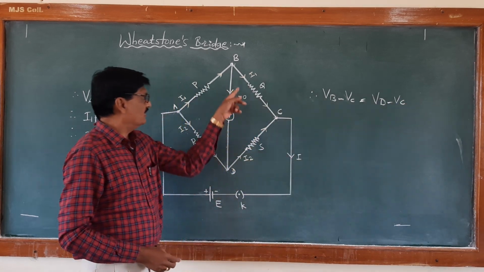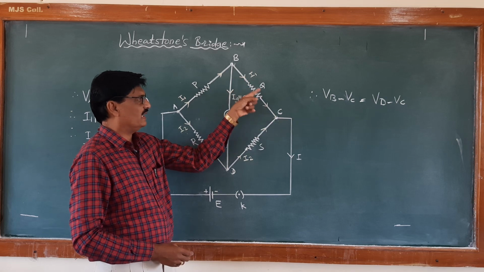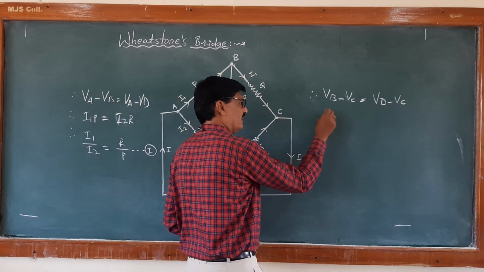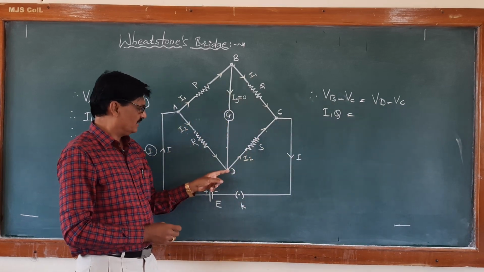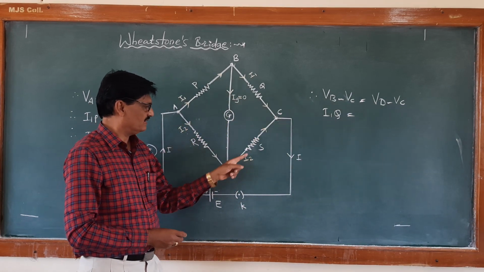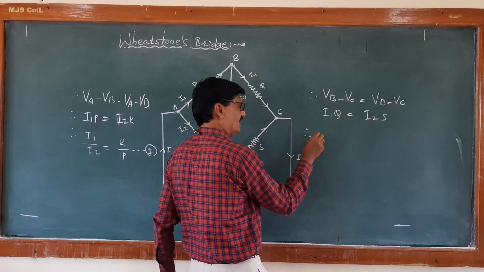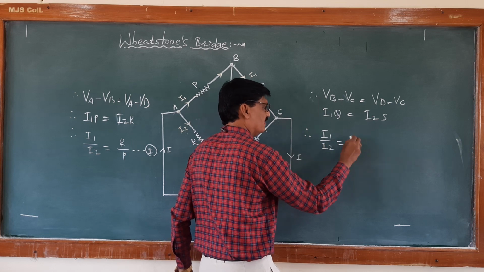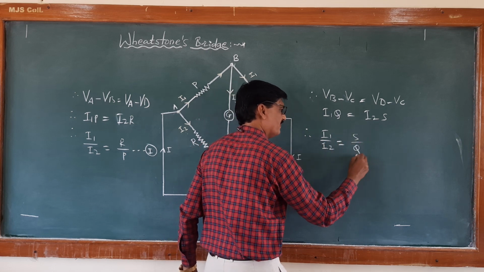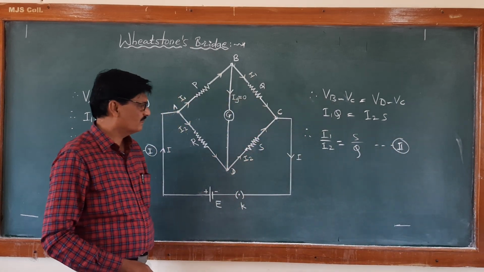We know that the potential difference between VB and VC is I1 times Q, and the potential difference between VD and VC is I2 times S. After calculating this, I1 upon I2 is equal to S upon Q. This is equation number 2.